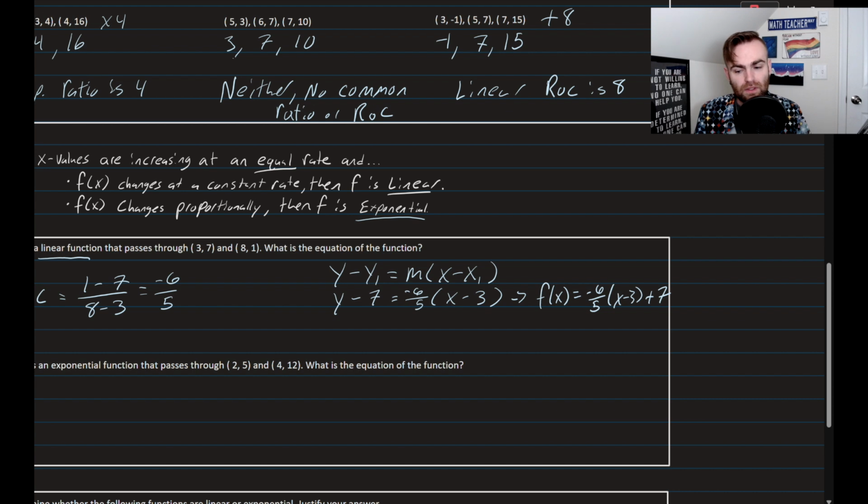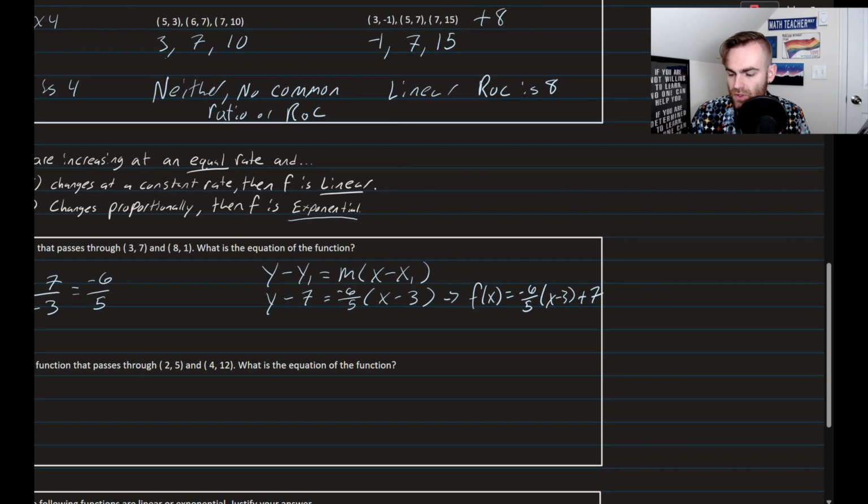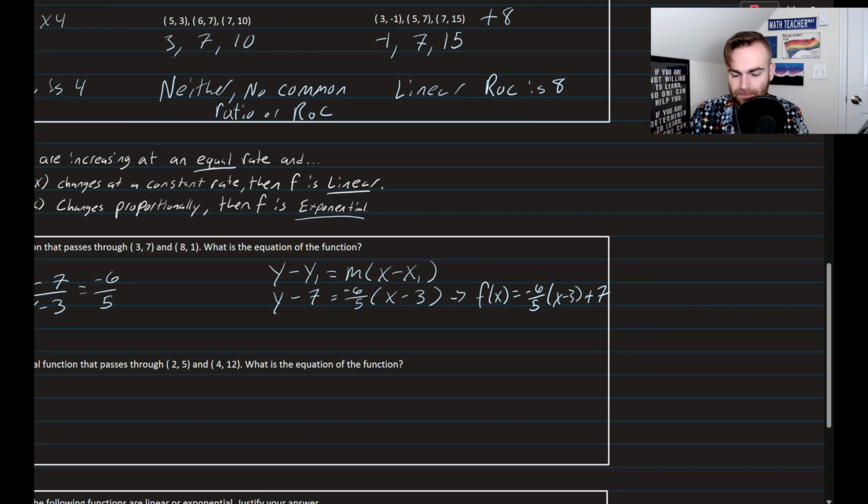And that would work. Or we can actually simplify this down into essentially y equals mx plus b form, the slope-intercept form, and then just replace the y with the f of x at that point, which does look a little bit strange, and we don't necessarily have to do, but you can.